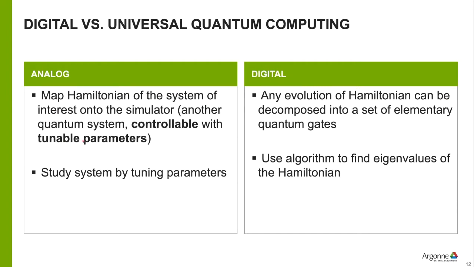But we're going to focus on the digital quantum computing, where the evolution of the Hamiltonian is decomposed into a set of elementary quantum gates, and you use some algorithm to find the eigenvalues of this Hamiltonian. Essentially, you can do this to any Hamiltonian, whereas for analog quantum computation, you have a lot of restrictions in terms of what Hamiltonians you can map onto your particular analog quantum device.